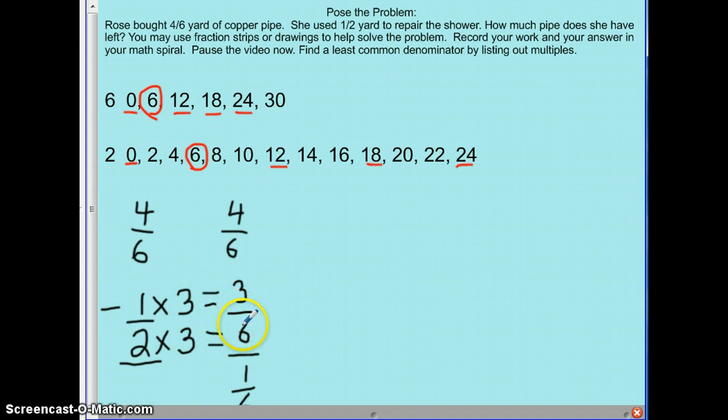So now I have 3/6 and 4/6. So now I subtract. 4/6 minus 3/6: 4 minus 3 is 1, and I leave the denominator the same. And this is a 6, just hard to see.